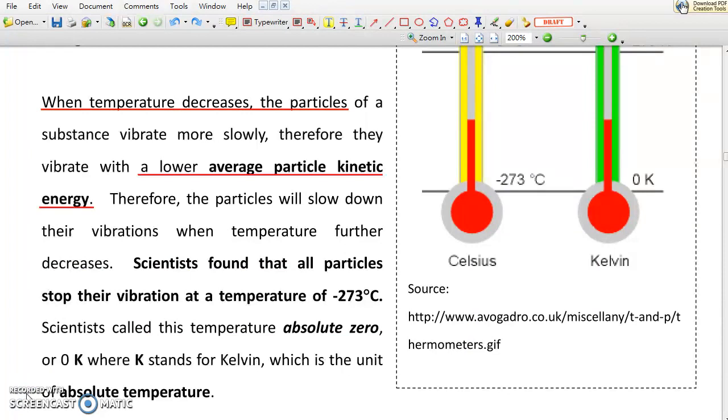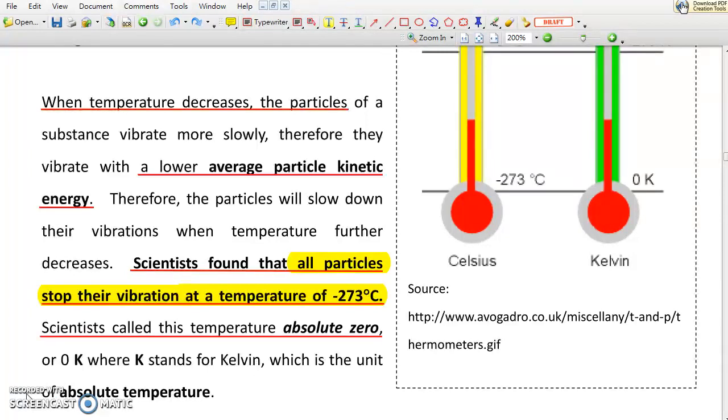Yes, the particles will slow down more. Scientists find that eventually all particles will stop their motion at a temperature of -273 degrees Celsius. This is the lowest possible temperature in the universe. Scientists call this temperature absolute zero, or 0 K, where K is a new unit for temperature called Kelvin.